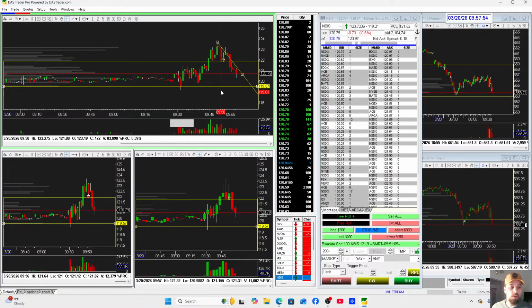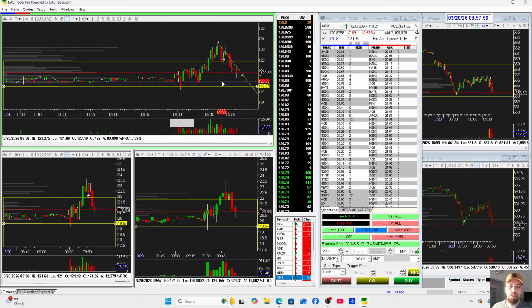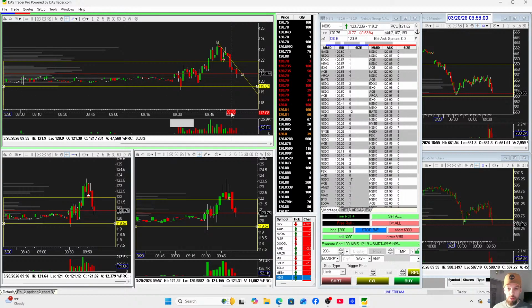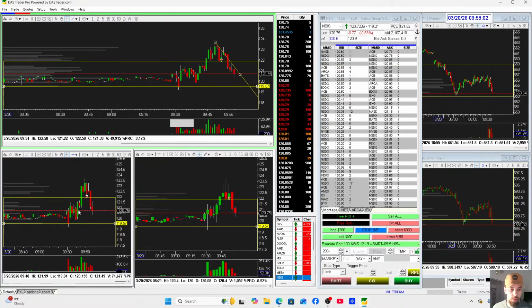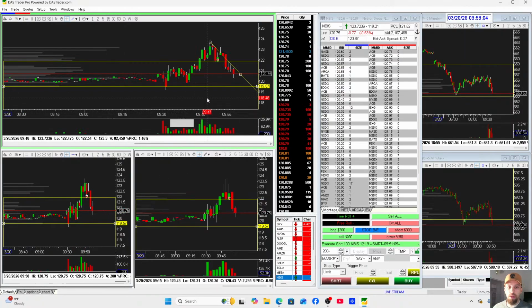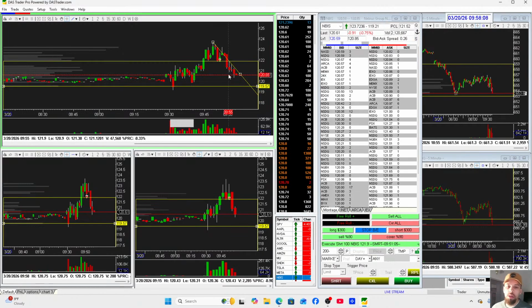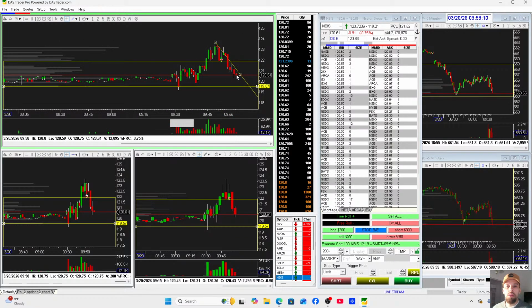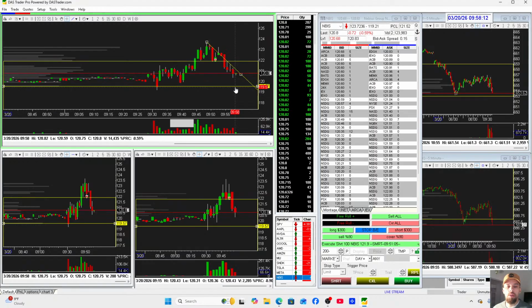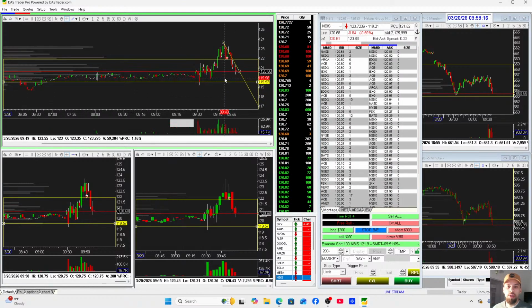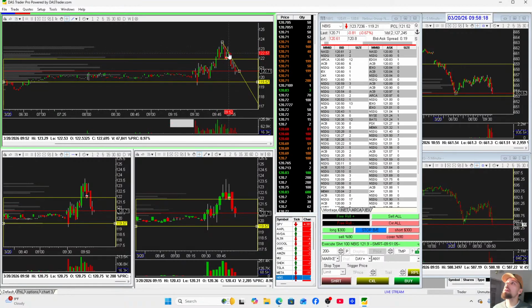I'm looking for 120, probably be a good area to take some profit here. If we can get to 120, wouldn't hurt, but I like this. Let's see if we're just gonna follow this trend. It's a pretty aggressive V shape here.